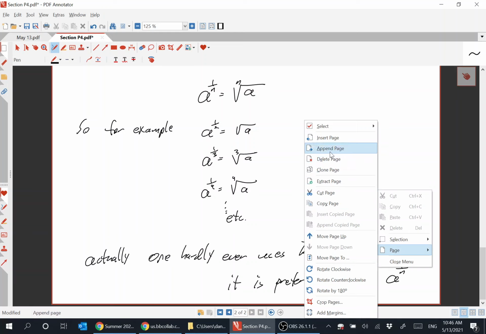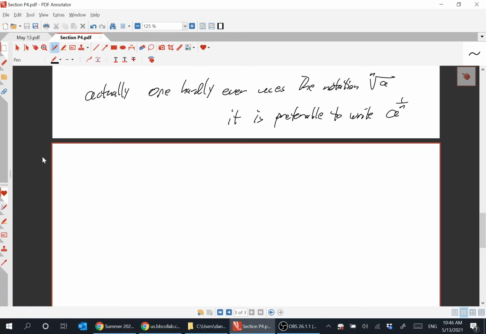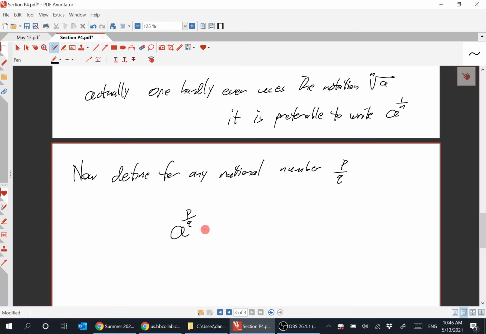So the square root symbol gets used plenty. Okay, and now for any rational number p over q, a to the p over q is defined to be a to the power p, qth root. Or, the same thing, the qth root of a to the power of p.